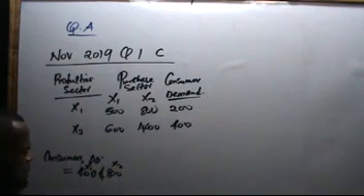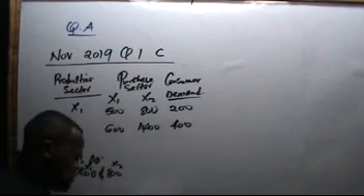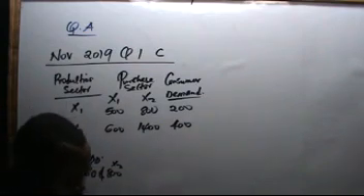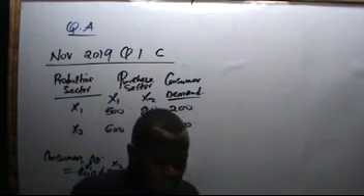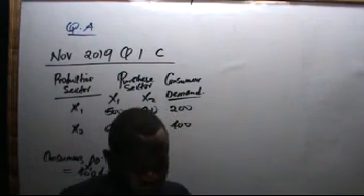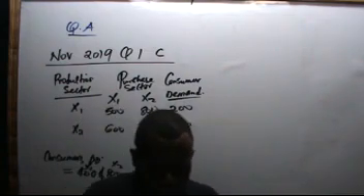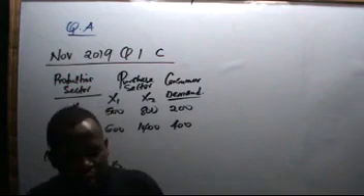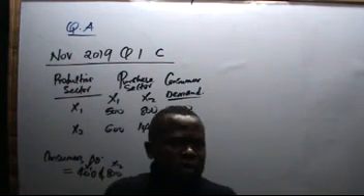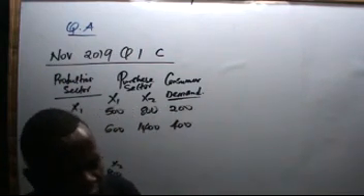In this question, the required part is the gross output of each sector in order to meet the demand, meaning the output for each sector. Remember our formula to get the total output.